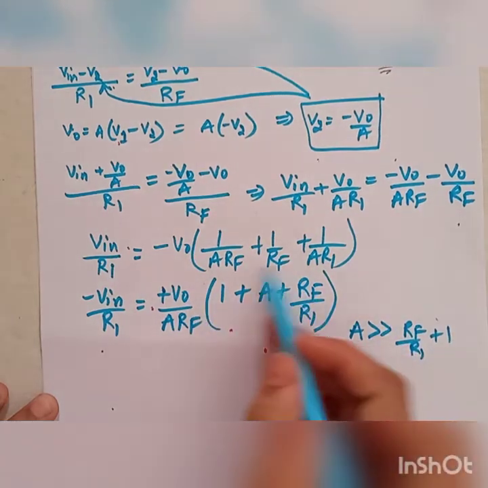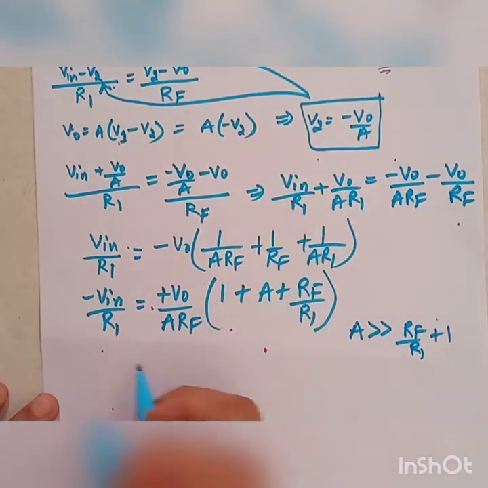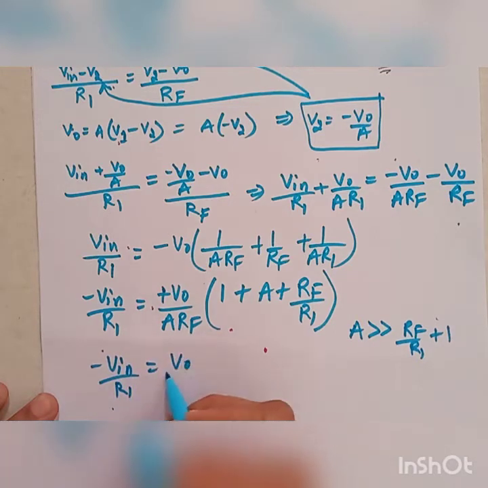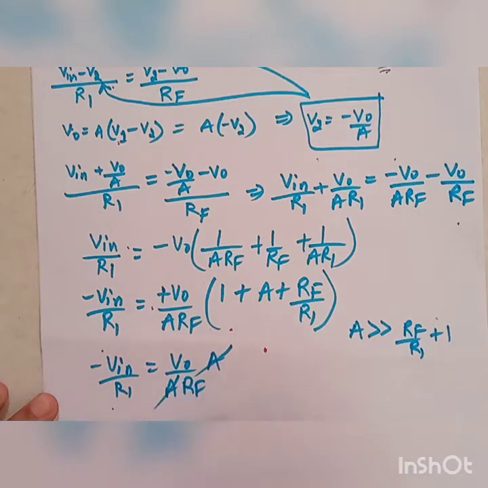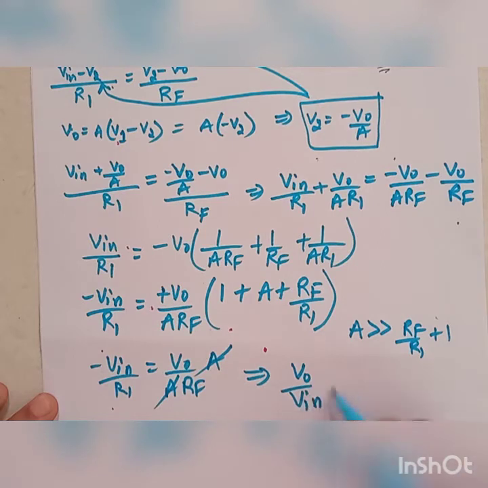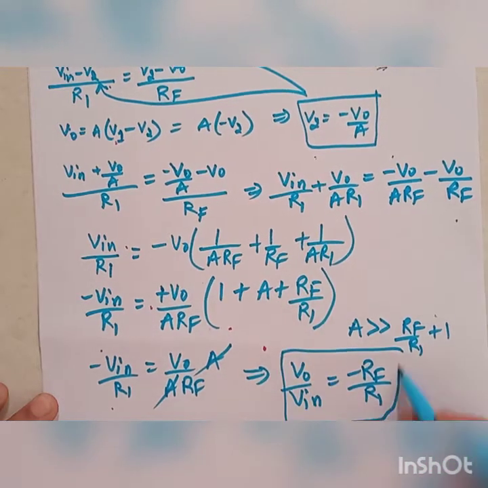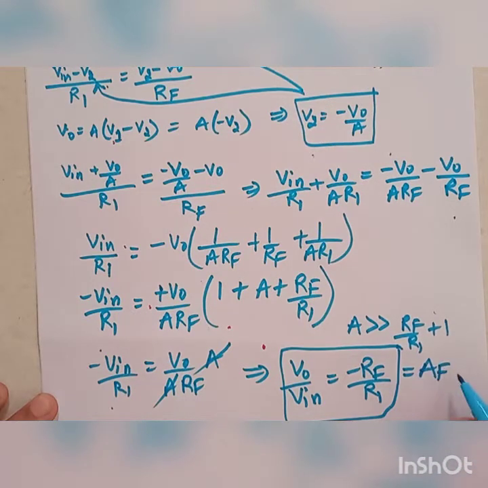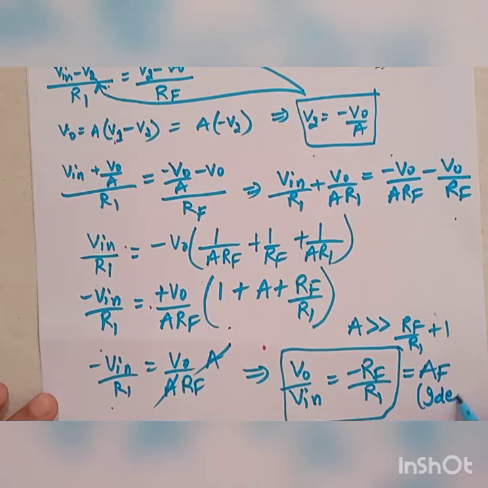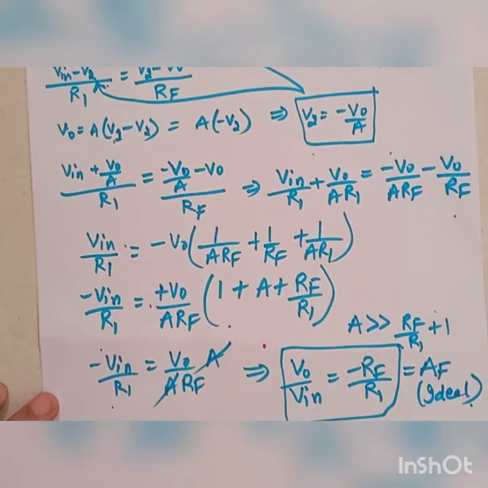So I can even write this term as capital A. So minus V in by R1 is equal to V0 by A RF times capital A, and this will cancel with this. This implies that V0 by V in is nothing but minus RF by R1. So this is your AF value, which is ideal for an inverting amplifier.